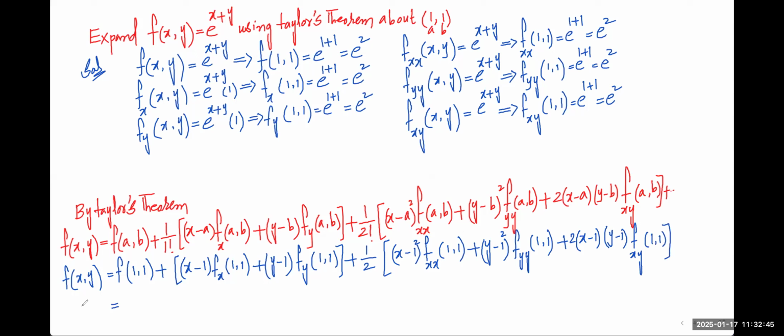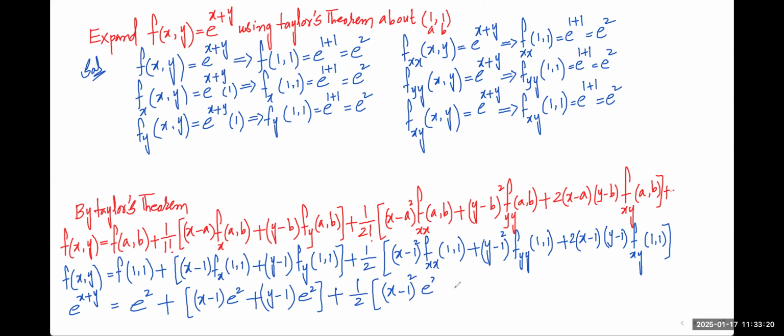Put the values. fxy is e power x plus y, at 1 comma 1 the answer is e square, plus x minus 1 into fx at 1 comma 1, again e square, plus y minus 1 into fy of 1 comma 1, again e square, plus 1 by 2 factorial, 1 by 2 only, x minus 1 whole square, f double x e square, plus y minus 1 whole square, f double y e square, plus 2 into x minus 1 into y minus 1, fxy answer is again e square.